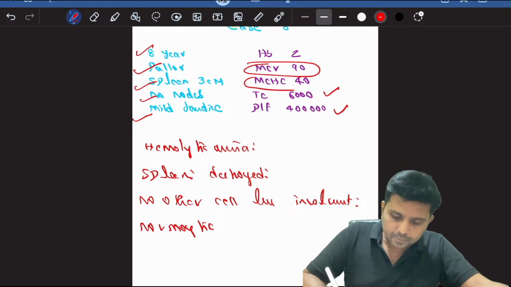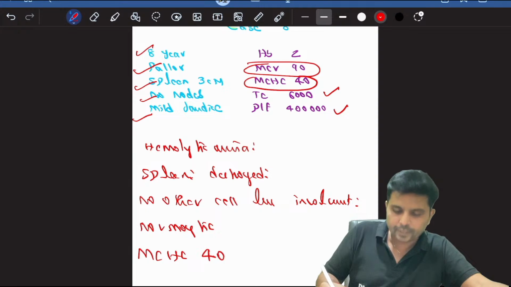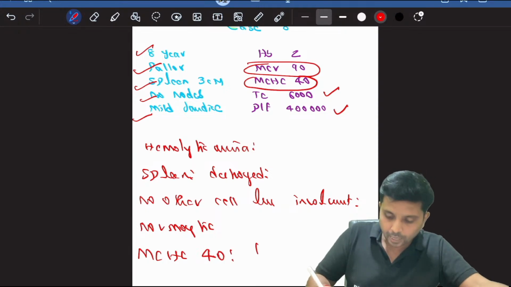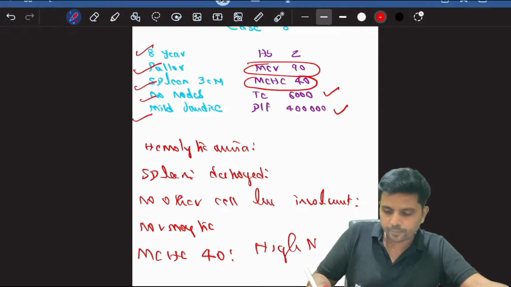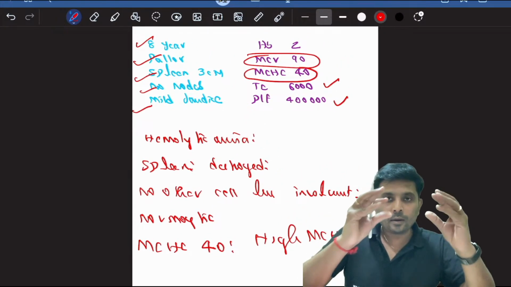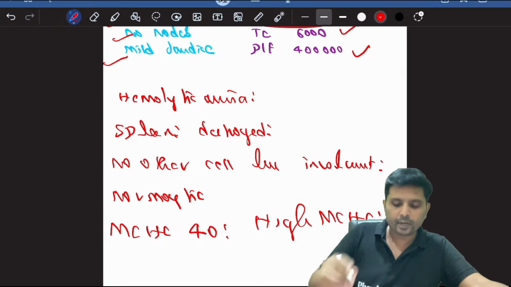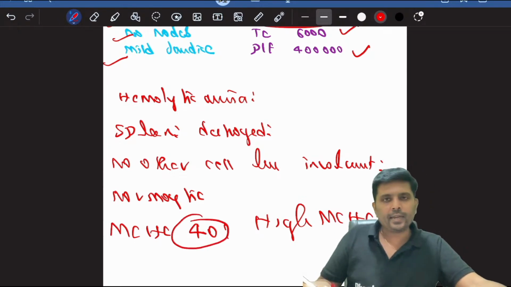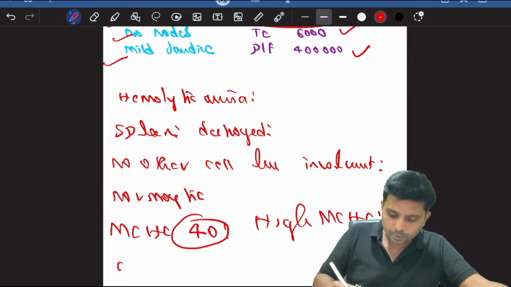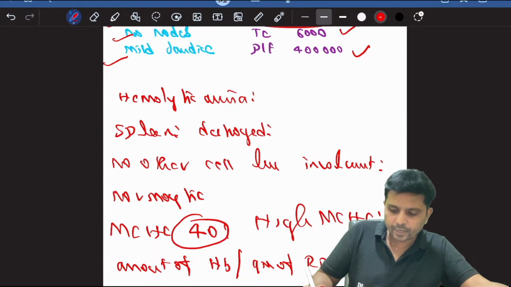But look at this, MCHC is 40. That means high MCHC, the mean corpuscular hemoglobin concentration is very high. Whenever you have high MCHC, the amount of hemoglobin per gram of RBC is very, very high.